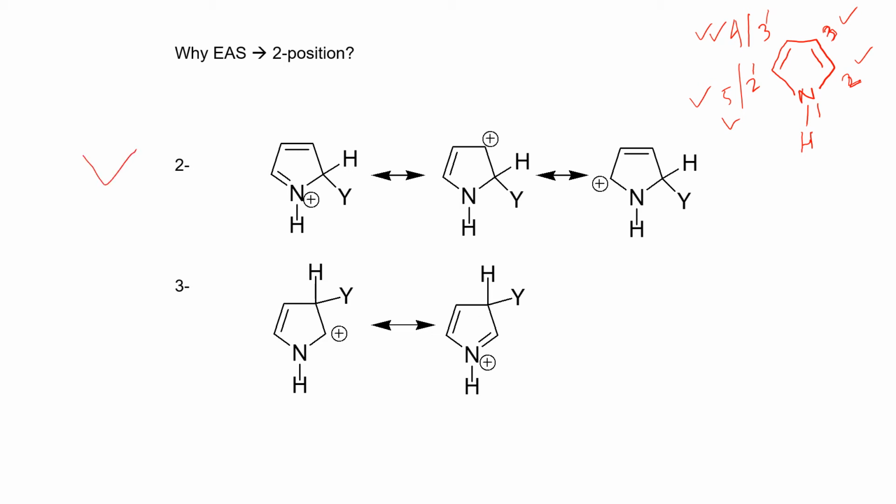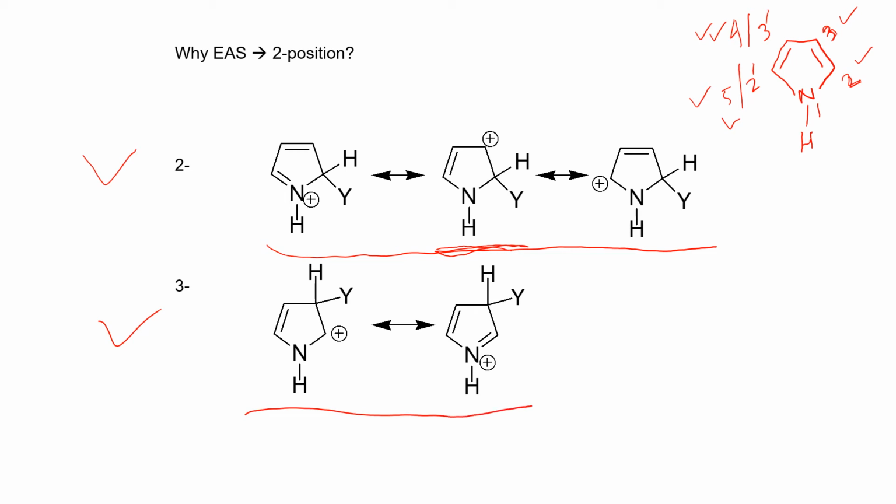When an electrophile attacks position 2, this resonance form will be produced, and from that, another 2 resonance forms will be produced due to the delocalization of the pi electrons. And when an electrophile attacks position 3, these 2 resonance forms will be produced.